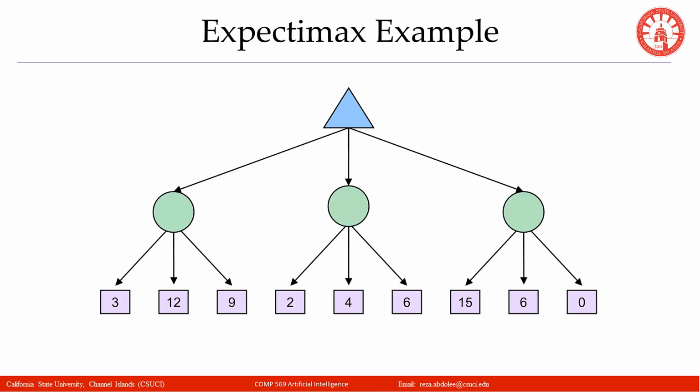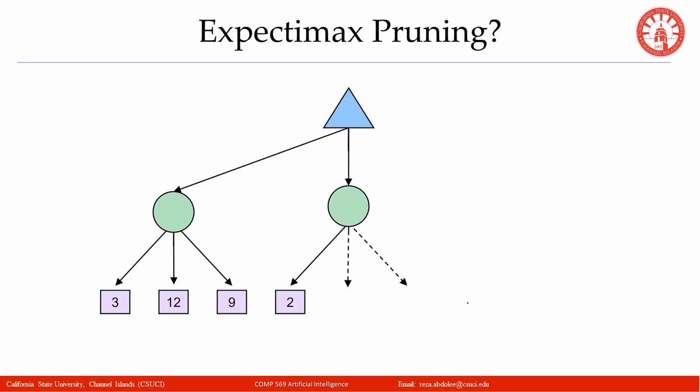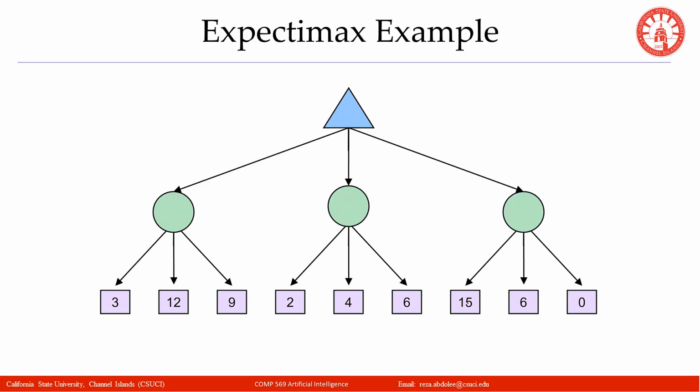This is a generalized version of that example. So you do the expectation for all these chance nodes, you get the number for each state, and then the maximizer chooses the largest value among these three chance nodes.